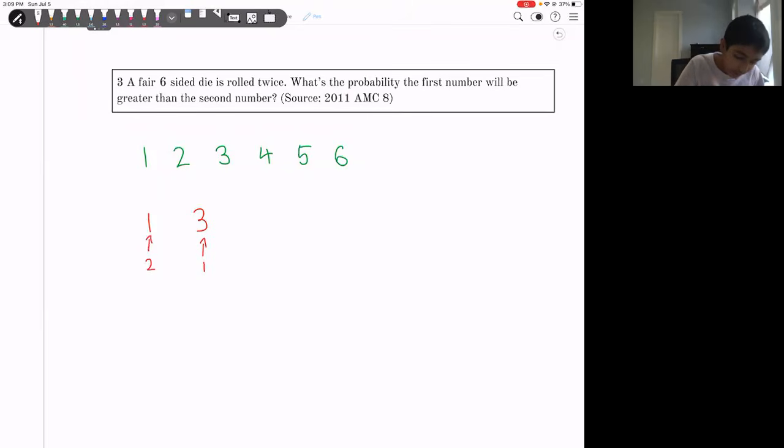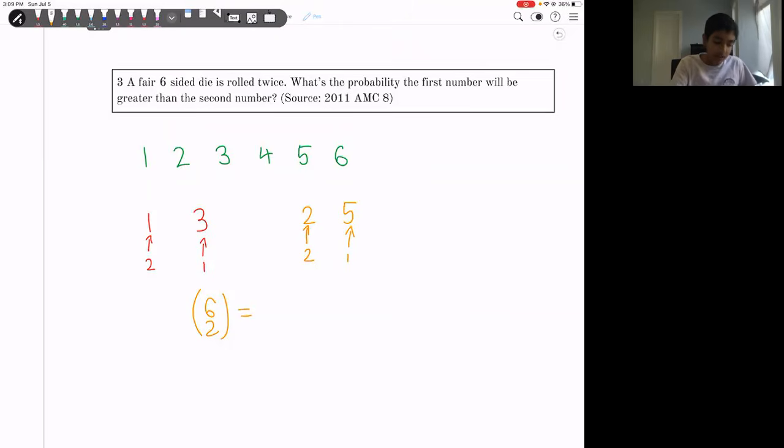If you chose 2 and 4, 2 and 5, or something like that, no matter what we choose, the larger number will always have to be the first die, and the smaller number will have to be the second die. So anytime we choose 2 different numbers out of these 6 numbers, we can always designate one to be greater than the other. So there are 6 choose 2 ways that actually work, because we can just choose any 2 of them, and then we can make the greater one the first die. And therefore, 6 choose 2.